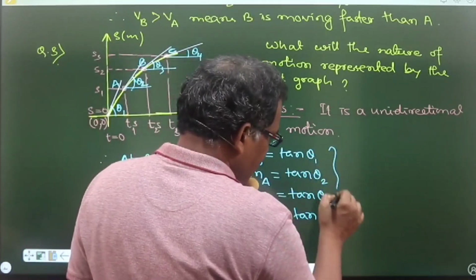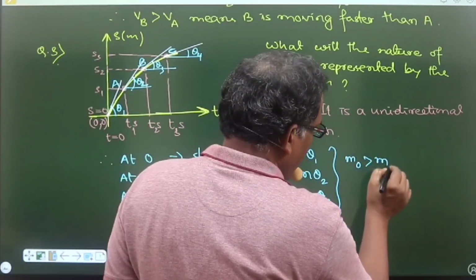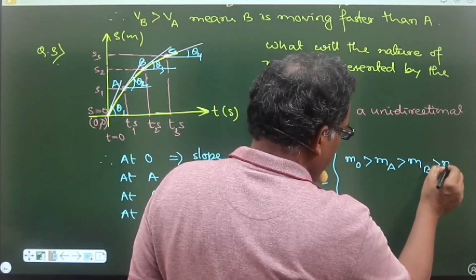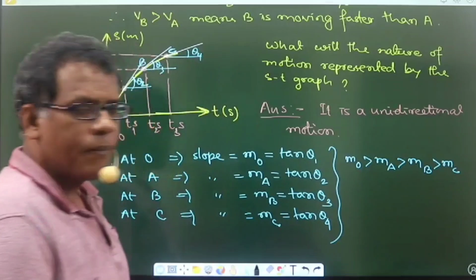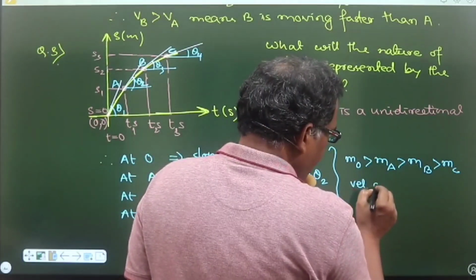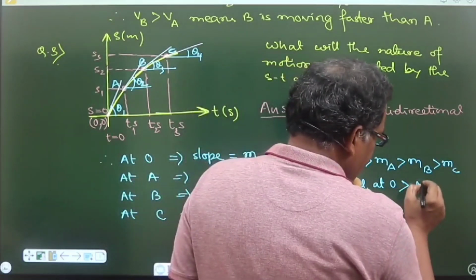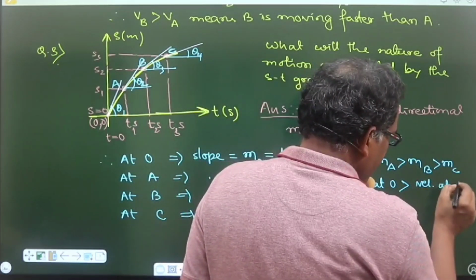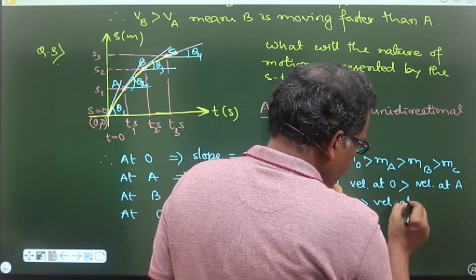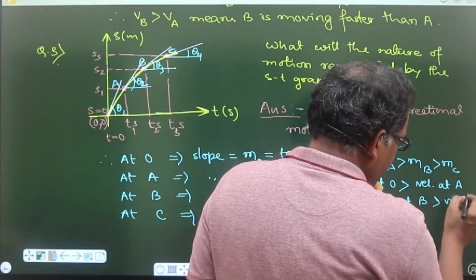So from these results I can say slope at O is greater than slope at A, greater than slope at B, which is further greater than slope at C. So this means the velocity at O, since slope is decided by velocity, is greater than velocity at A, which is further greater than velocity at B, and finally velocity at C.